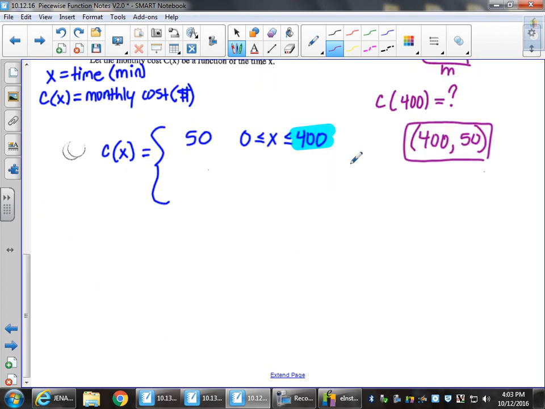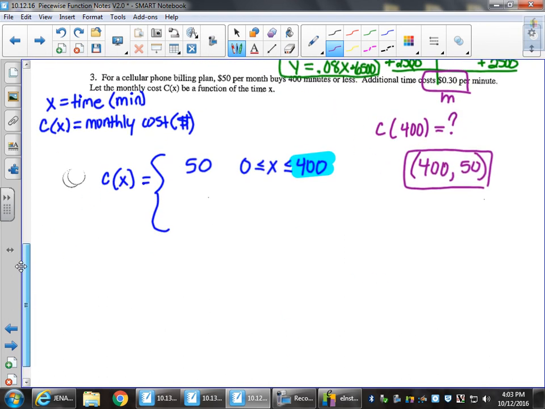Let's use it. So we're going to say y minus 50 equals 0.30x minus 400 and solve. This becomes y minus 50 equals 0.3x, 0.3 times 400, minus 120. And to finish, we're going to add 50 to both sides.